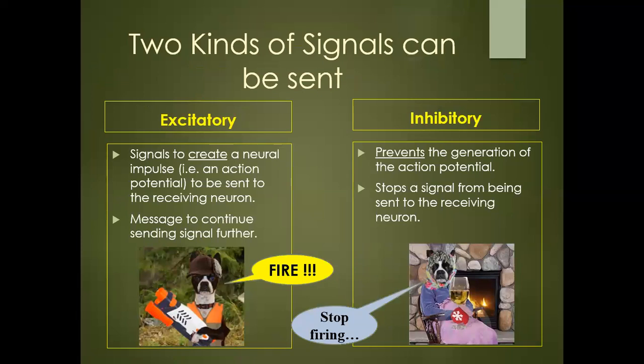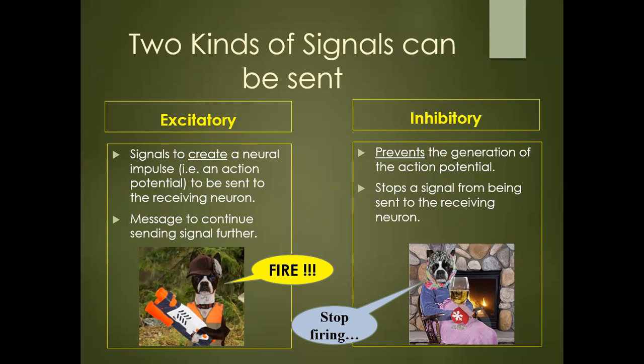Okay, what he wants to remind me is that there are 2 different kinds of signals that can be sent and received. So 2 kinds of signals arrive at the dendrite, and these signals are being passed down through the soma down to the axon hillock, which we'll pick up with in just a couple seconds. 2 kinds of signals can be sent, either an excitatory signal or an inhibitory signal.